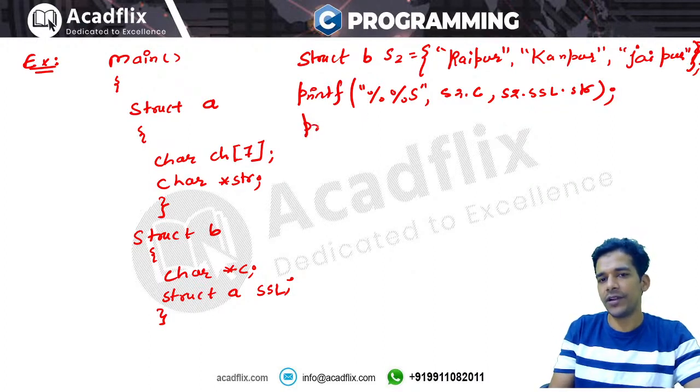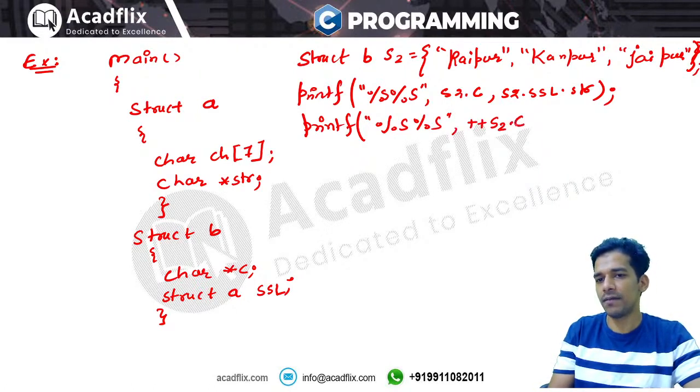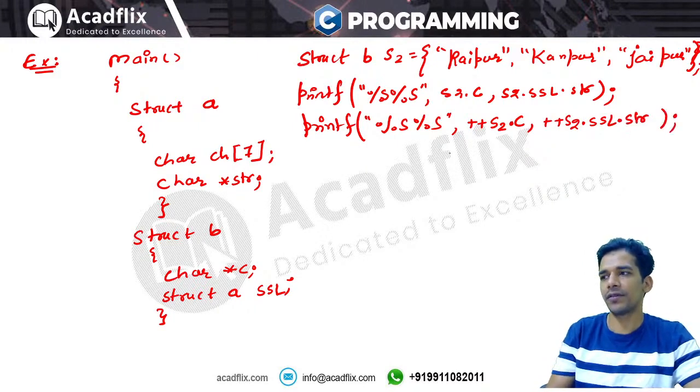And then we have another printf statement, and this is saying %s plus s2.c, and then plus s2.ssl.str. So we have a program like this.